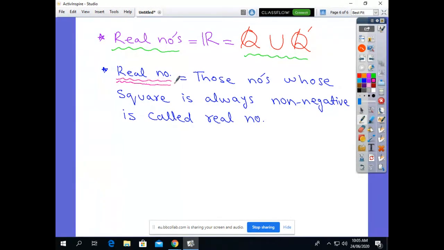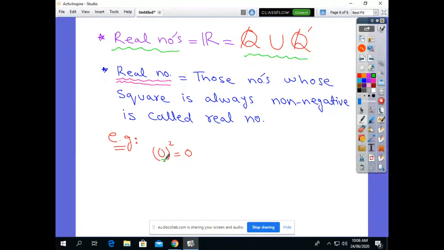How do we define a real number? Those numbers whose square is always non-negative are called real numbers. For example, if we take the square of 0, it becomes 0. Therefore, 0 is a real number.